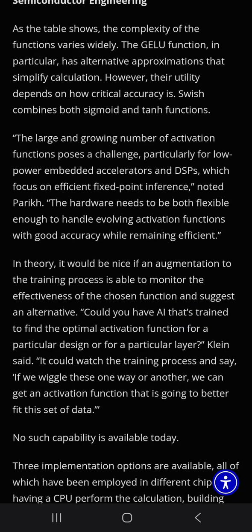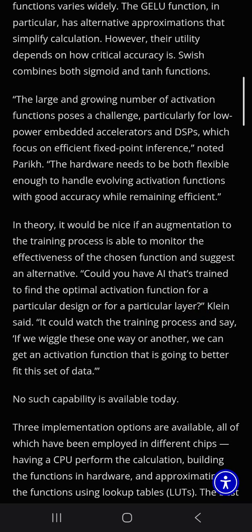In theory, it would be nice if an augmentation to the training process were able to monitor the effectiveness of the chosen functions and suggest an alternative. Could you have AI that is trained to find the optimal activation function for a particular design or for a particular layer?